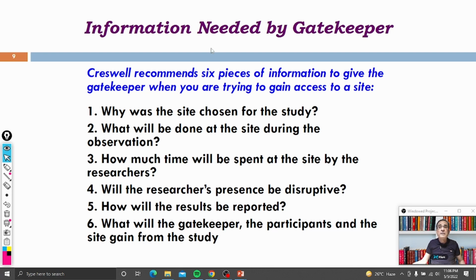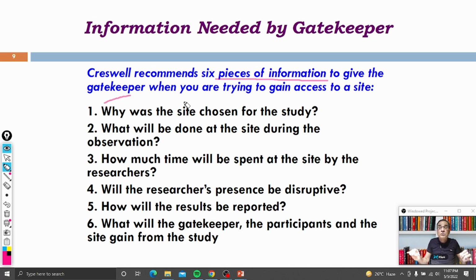Information needed by the gatekeeper. Creswell, a very popular researcher of qualitative, quantitative, and mixed methods, recommends six pieces of information to give the gatekeeper.